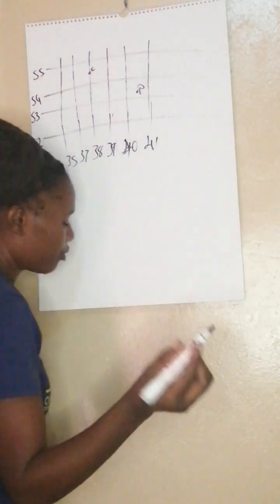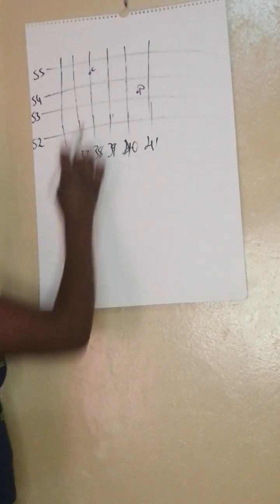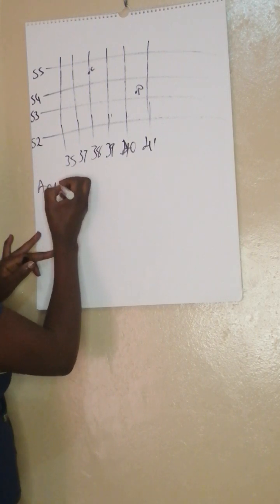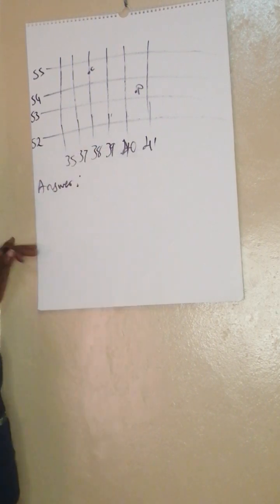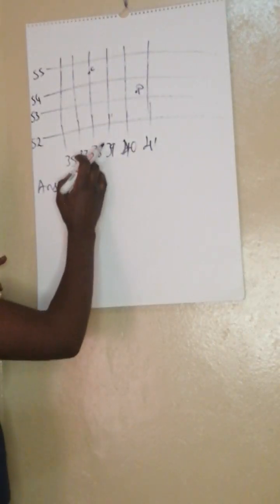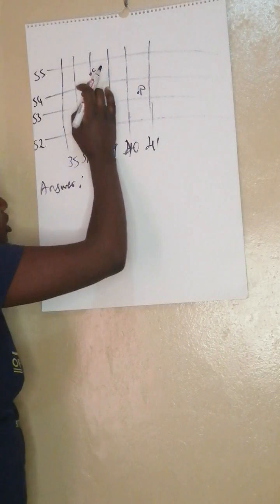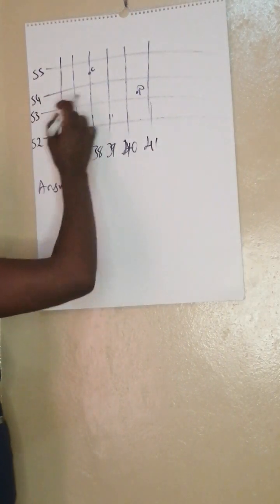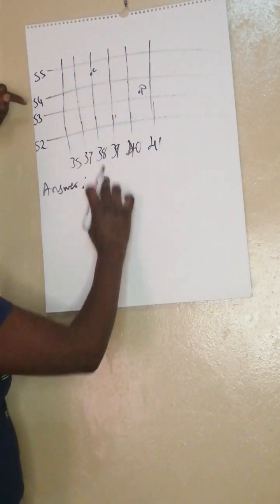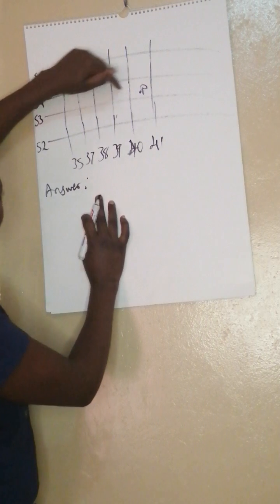Okay, so if we were to find the 4-figure grid reference for point C, like I said, we need to look at this point, right? So where they are crossing, meaning the lines we're dealing with are this line and the other one.